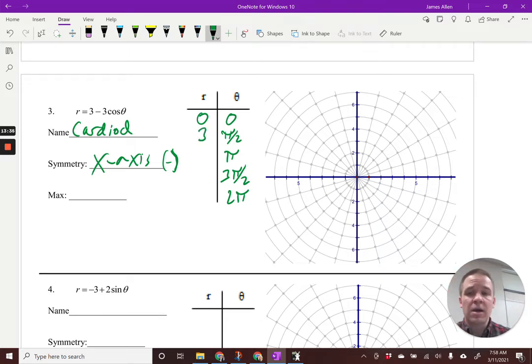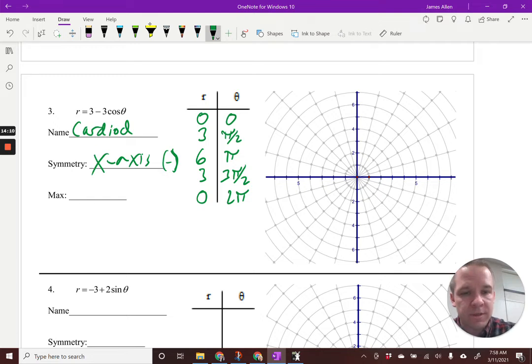And then at pi, cosine is, sorry, -1, so -3 times -1 is +3, plus 3 is going to give me 6. Good stuff. And then at 3 pi over 2, cosine is 0 this time. My apologies for the last one. So I'd get 3 minus 0 is 3, and then back to 2 pi, that's +1 again, so 3 minus 3 is 0.